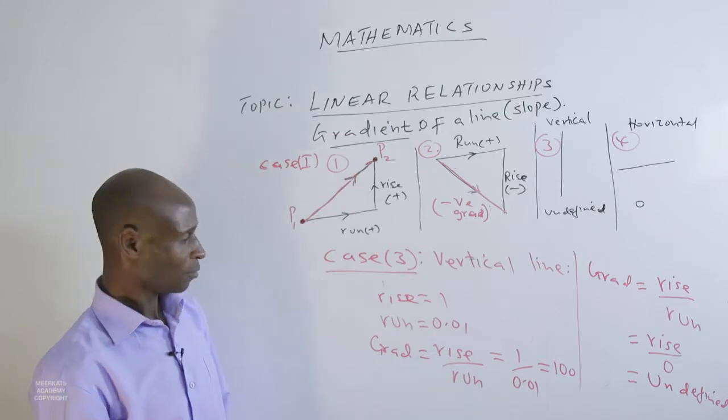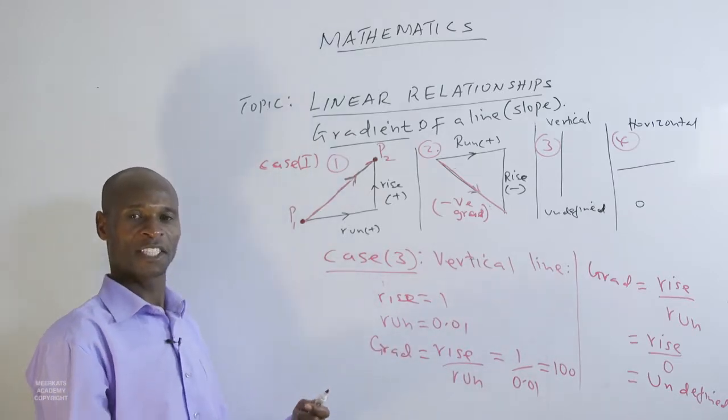Suppose we reduce our run further so that it tends to 0.